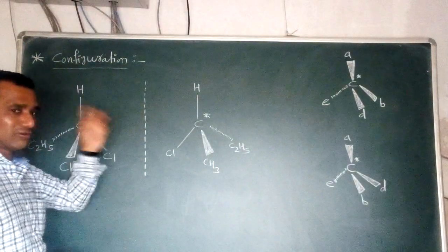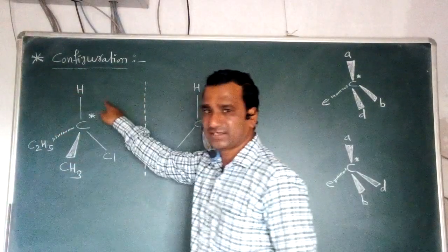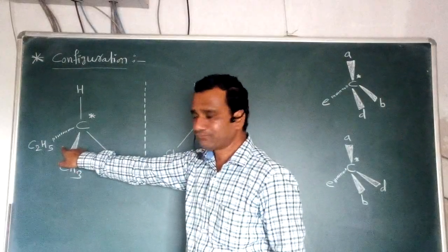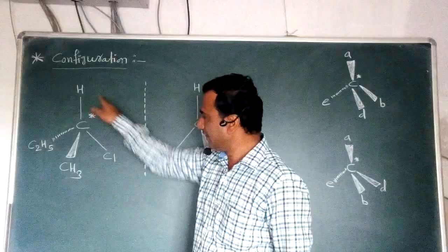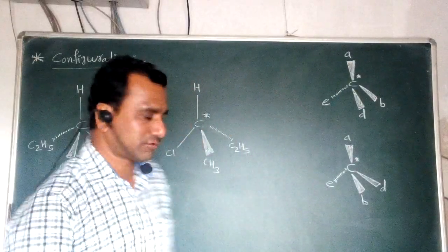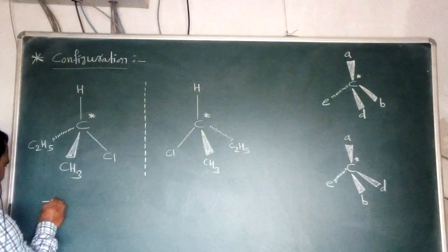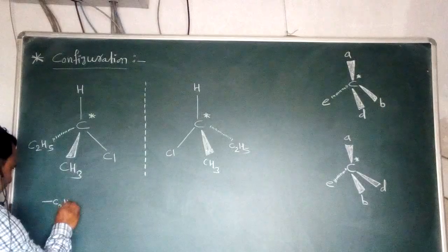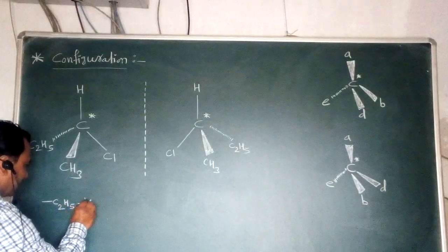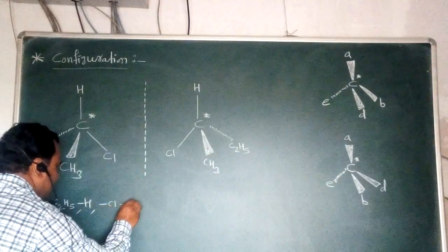The first group that comes is the ethyl group, next is hydrogen, next is chlorine. So this is one sequence of atoms or groups in a clockwise direction: the first group that comes is C2H5, the next is H, the next is Cl, and the next is methyl.